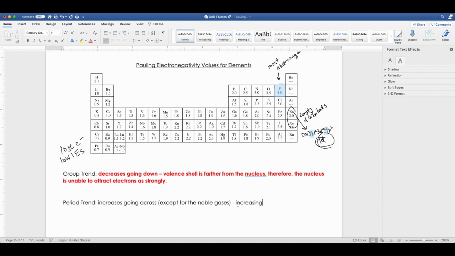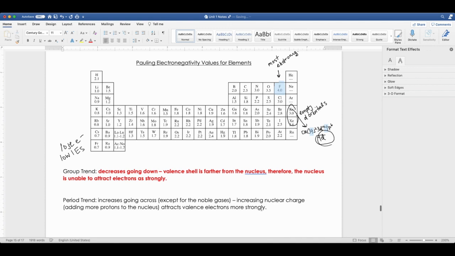So increasing nuclear charge, which is otherwise known as adding more protons to the nucleus, attracts valence electrons more strongly. Not just valence electrons, but any electron.